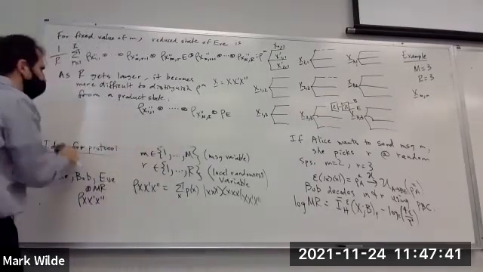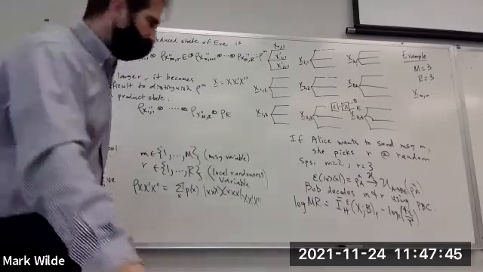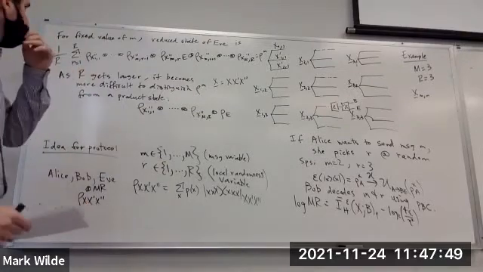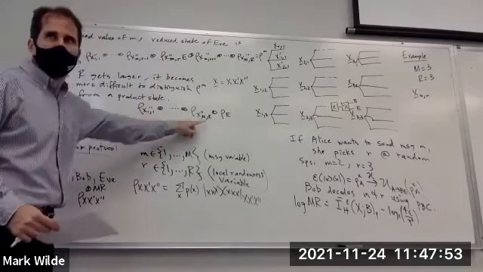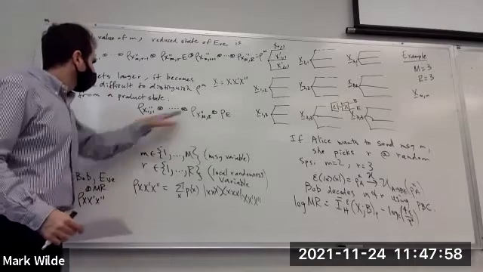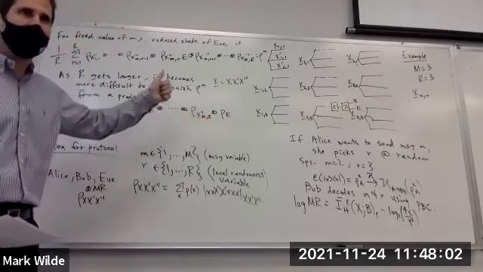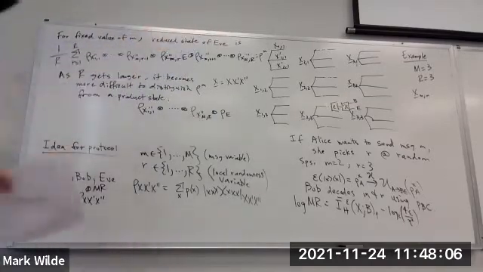And the question now is to quantify the trade-off. Like, how large do we need to make R such that this state is epsilon distinguishable from this state? Okay. Because this state now is a constant state independent of the message. That's what we wanted for a private communication code. Right?